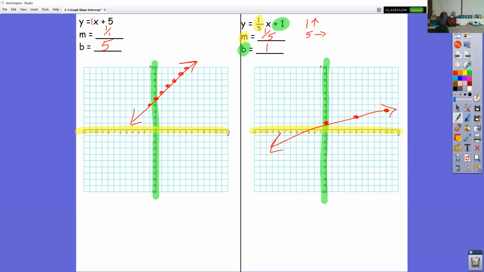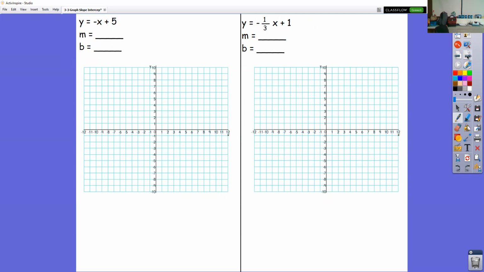All right. So once again, we know that our y-intercept is our b term, which is where it crosses the y-axis. Once again, just highlight your slope, which is in front of your x. And then your y-intercept, which is where it crosses the green line, which is your y-axis.